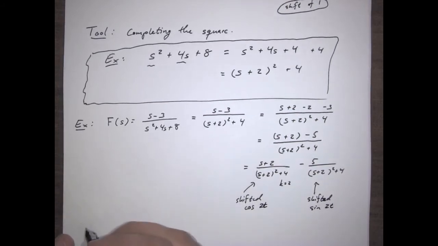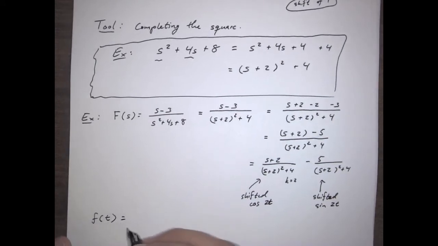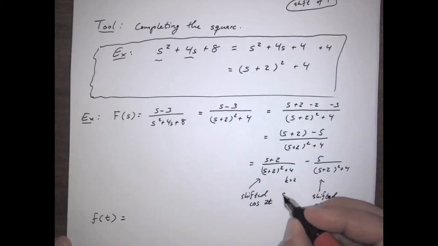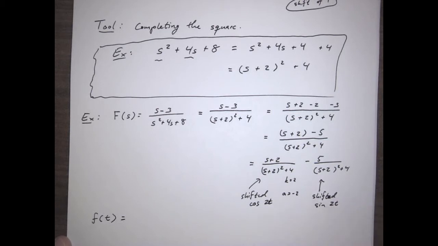So what that means is then f of t is going to be equal to, well, we have a equals negative 2, and we have a equals negative 2 there.